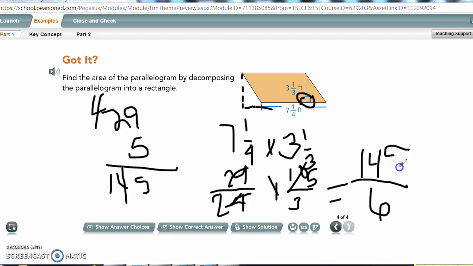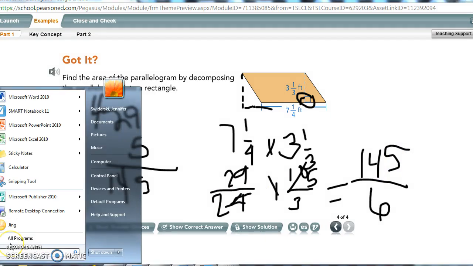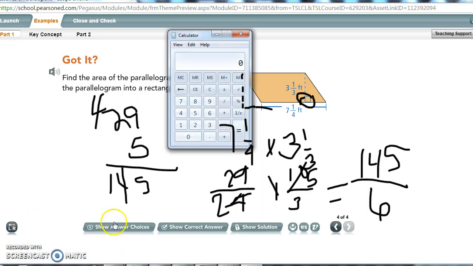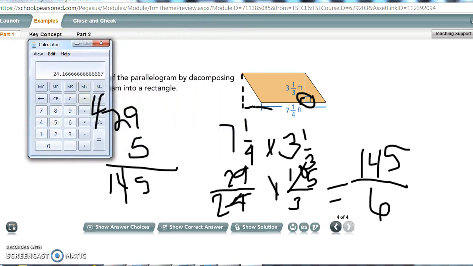I now need to type this into a calculator. And I need to see what 145 divided by 6 is. Well, I know 6 will go into 145 24 times, so my whole number then would be 24. And I need to figure out what my fraction will be.